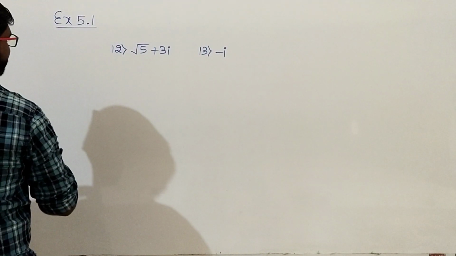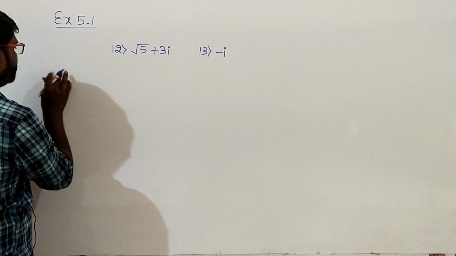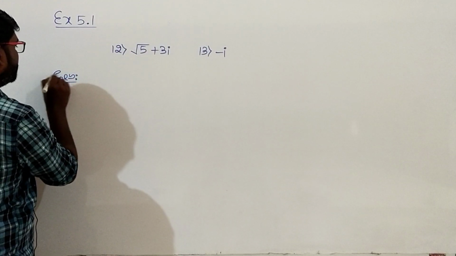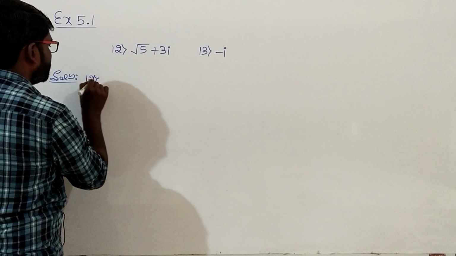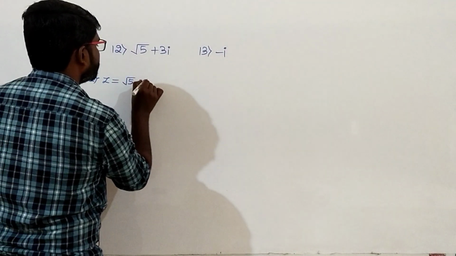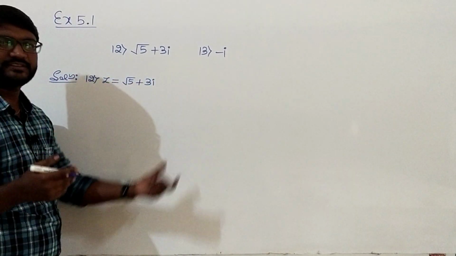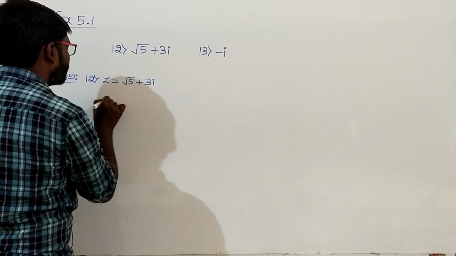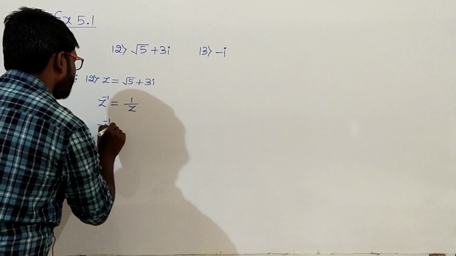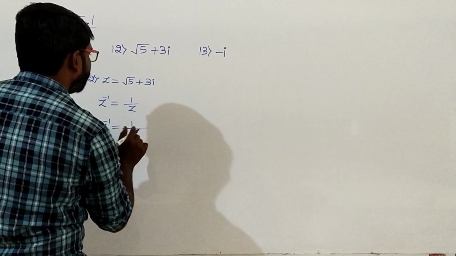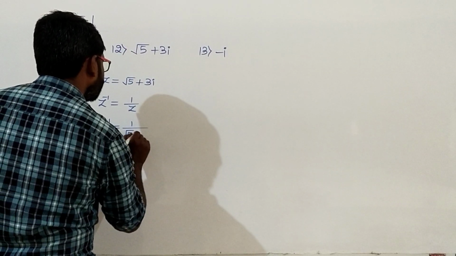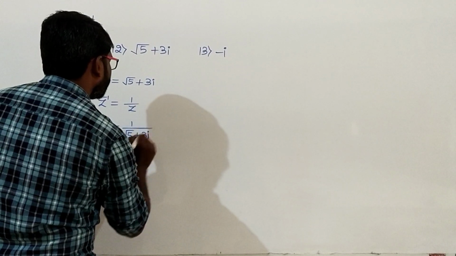Okay, we'll solve the 12th question now. So write the given complex number, it is root 5 plus 3i or i3, both are same. So now I'll go for z inverse, which is equals to 1 by z. So z inverse is 1 by z, that is 1 by root 5 plus 3i.